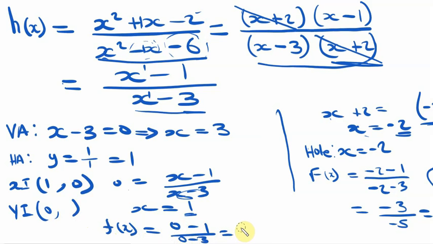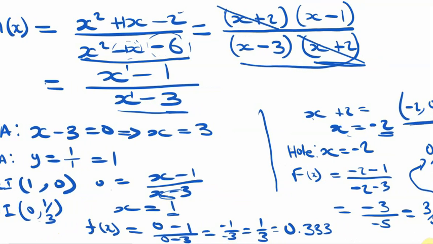And then we have minus 1 over minus 3, which is 1 over 3, which is equal to 0.333 recurring. Okay, so 1 over 3. That's our y-intercept.